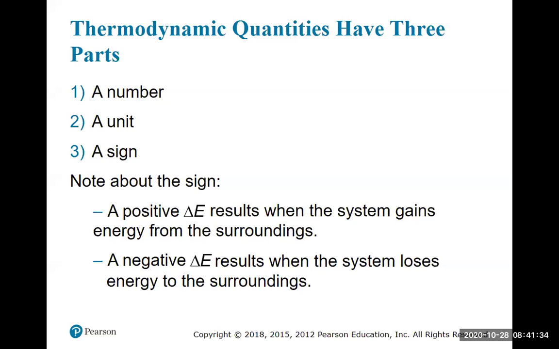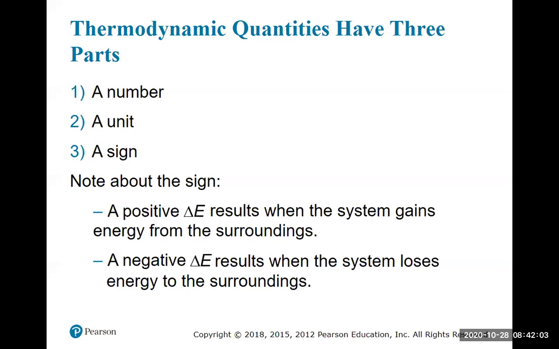But the other thing in these thermodynamic type calculations is the sign is even more important than normally. It's always important, but for these it's even more because of that exothermic, endothermic that we talked about. So exo, remember, by definition is a negative sign, endo is a positive sign. And so this just reinforces it.